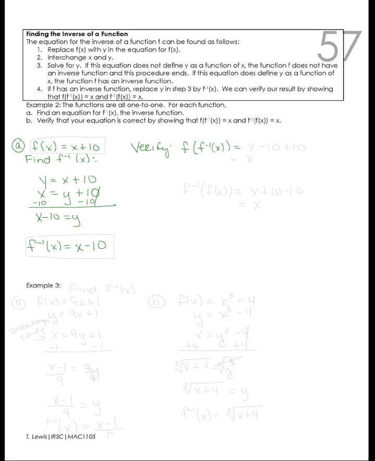So this is what we're going to look at here, these two functions. We're going to substitute x minus 10 into the equation of f of x for the variable x. That's what we're doing there.